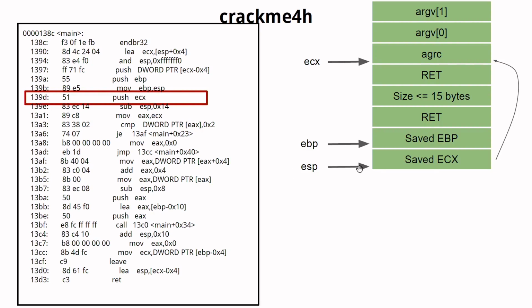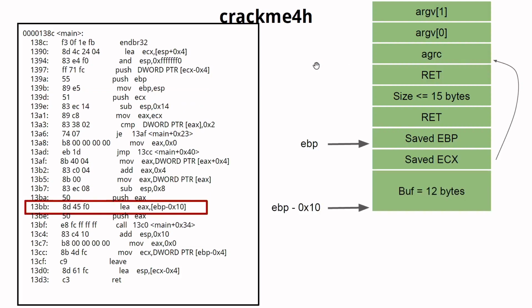ESP will point to the saved ECX, and ECX points to the argc. The saved ECX will be a pointer. This will point to here. And ECX, we haven't changed that yet.